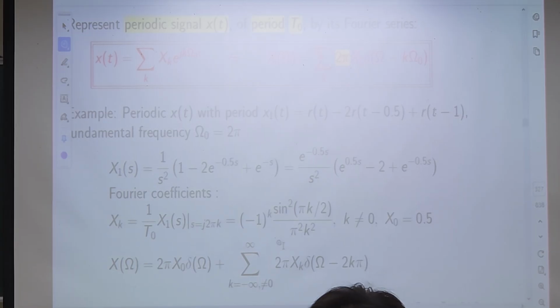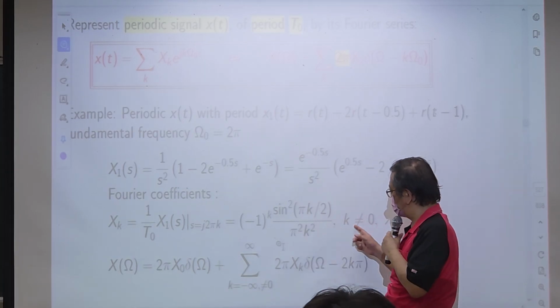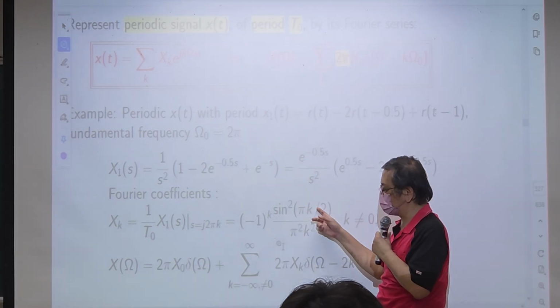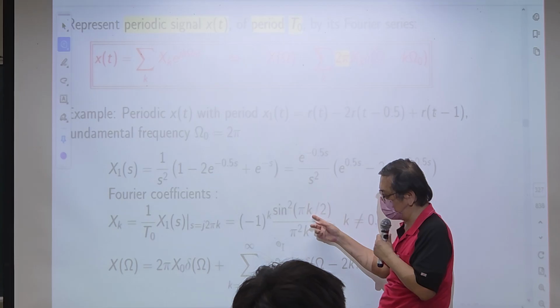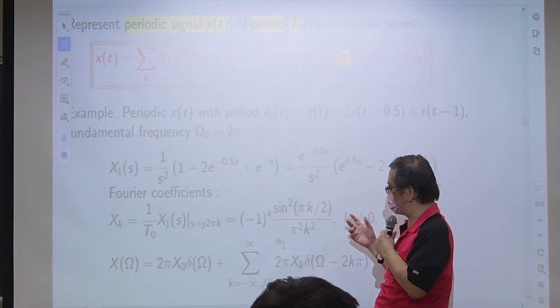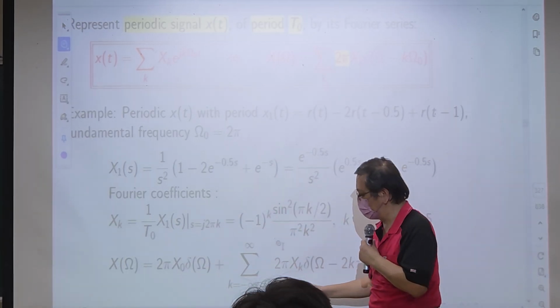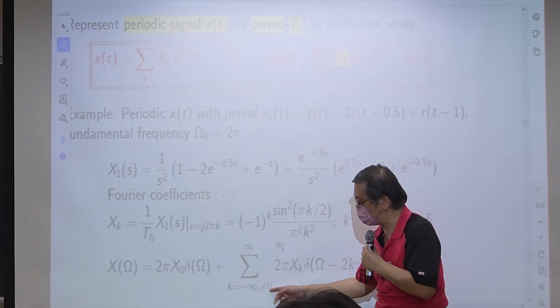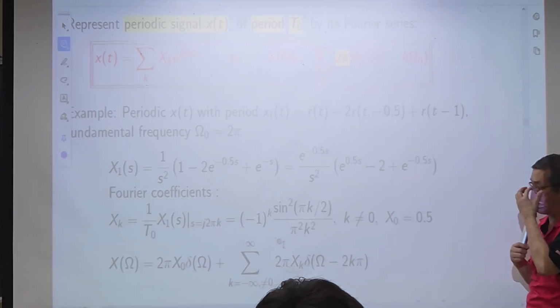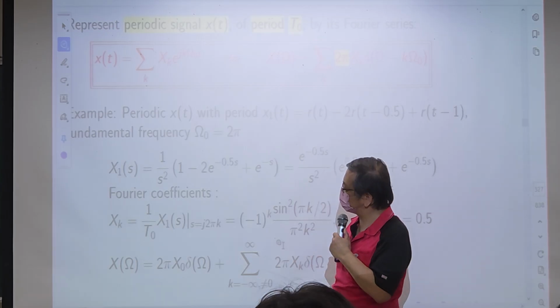Now, there is a catch here, careful. When k equals 0, we have a discontinuity, a singularity. So we want to divide it into two parts. One is for k equals 0. Another one is for k non-zero.